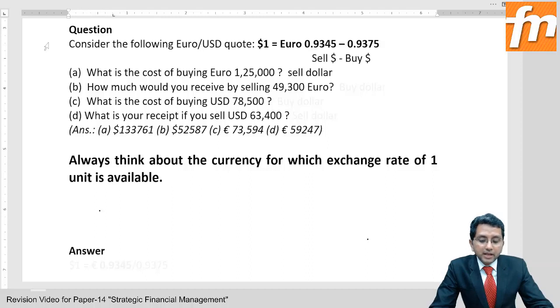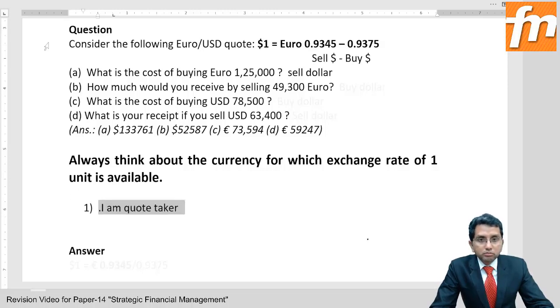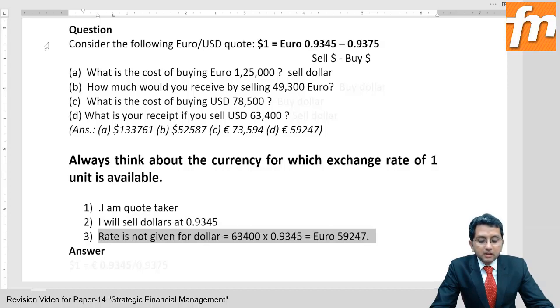This is one very important rule you keep in mind and your life will become simple. I already told you, you need to understand that I am a quote taker. I'll sell dollars at 0.9345 and I'll buy dollars at 0.9375.